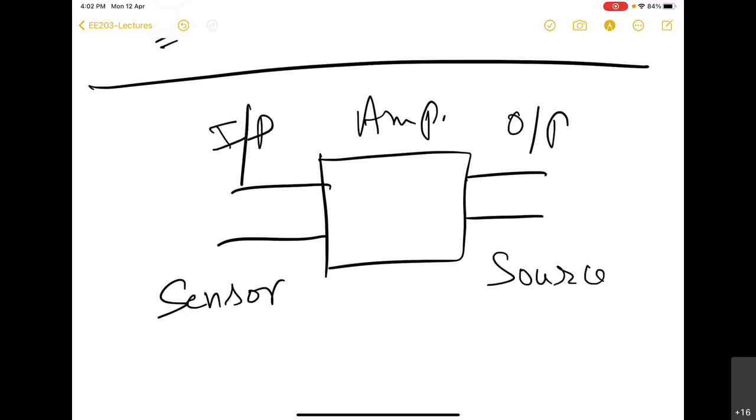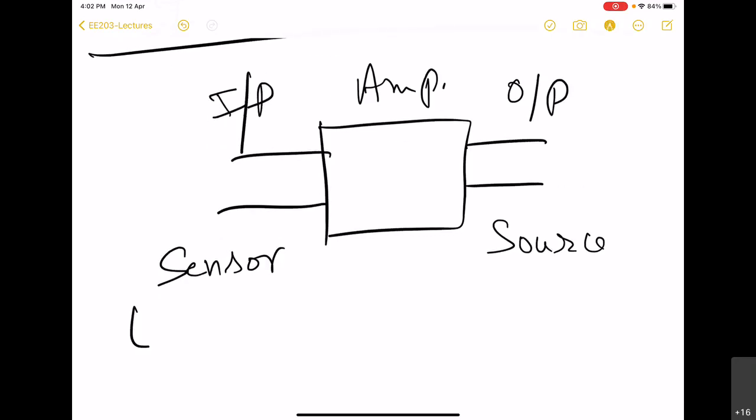Input side sensor, output side source. And here we have seen that it can be either a voltage sensor or a current sensor. So we know that if we have to sense a voltage, the connection has to be in a particular way, and if we want to sense current, then we have to connect our sensor in a different way. So both connections are different depending upon which quantity we are trying to sense.